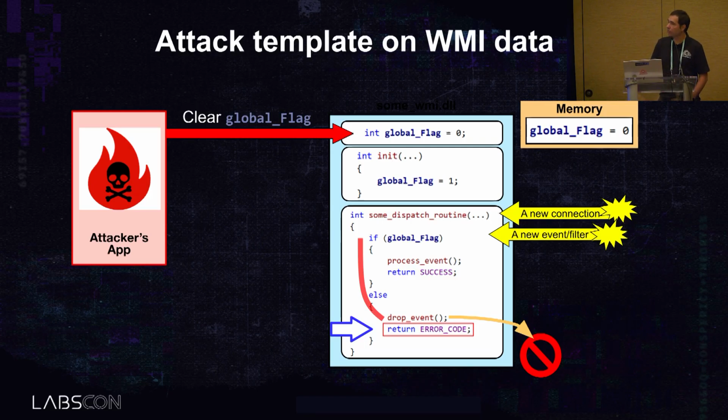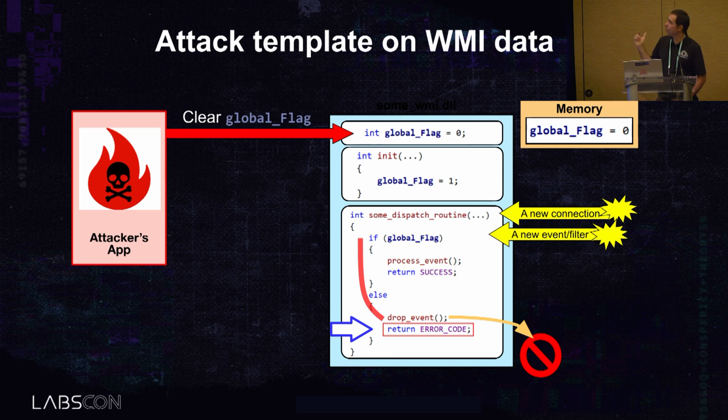So most of the attacks on the data inside of the WMI service process are done using this type of template, which is pretty simple. You have a global flag that is set in the initialization phase to its init value.